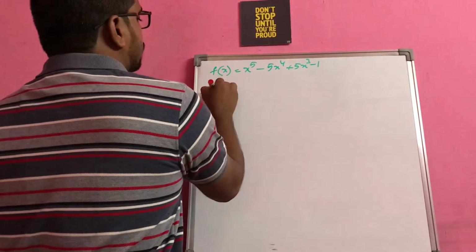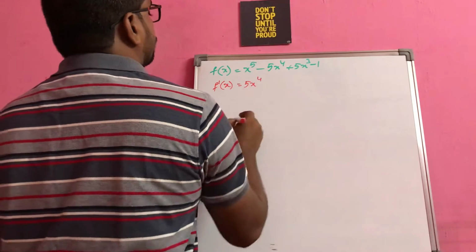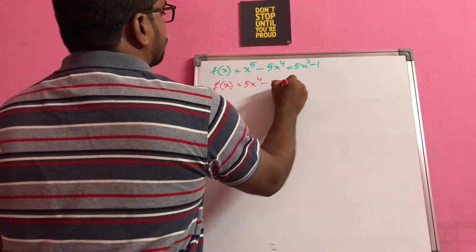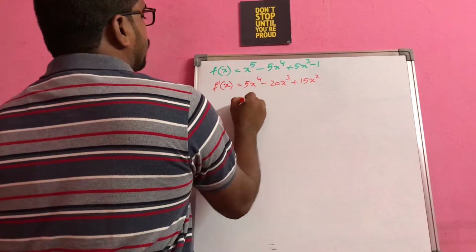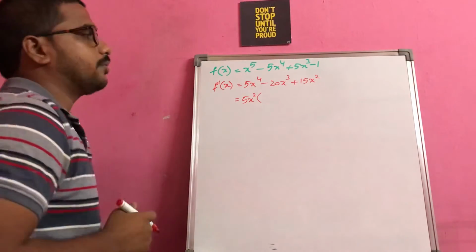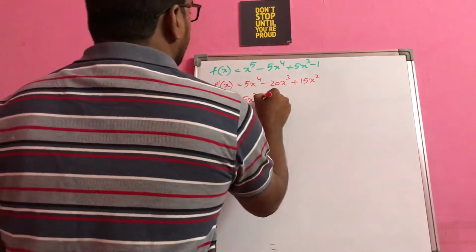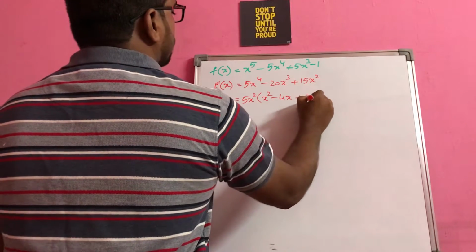We will find f dash of x, which is equal to 5x power 4 minus 20x power 3 plus 15x square. So you can take 5x square as a common factor, then you will get x square minus 4x plus 3.